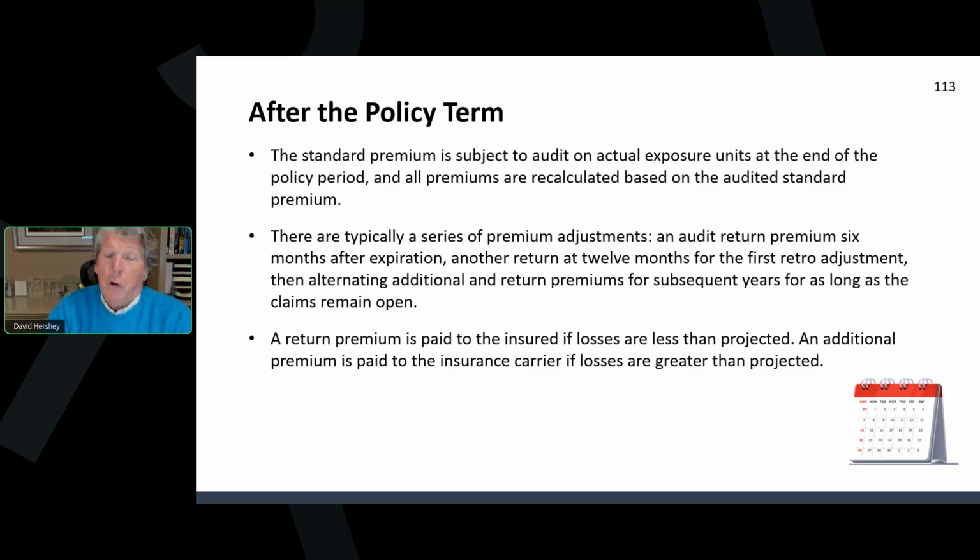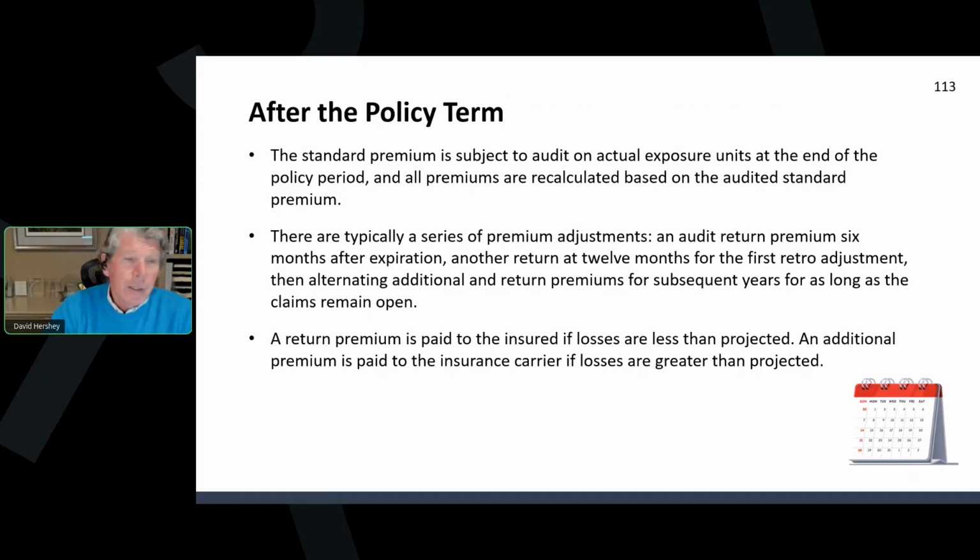So if your losses are phenomenally higher than anybody ever expected, you're probably going to be subject to the maximum under the plan, because again, insurance carriers aren't in the business, some people might disagree, of putting companies out of business to get their premium. Right? So just FYI on that one.